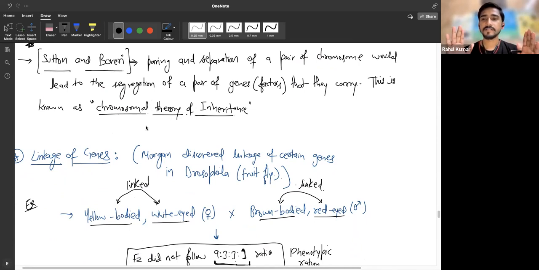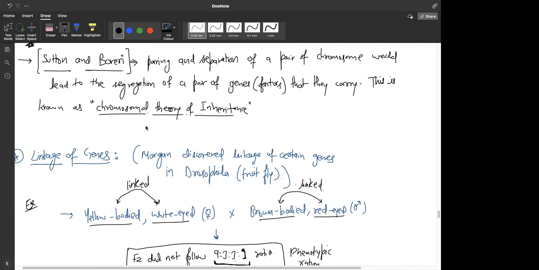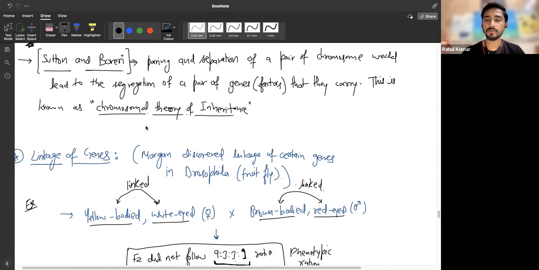When they pair or separate, they are actually doing it with the chromosome. So pairing and separation of a pair of chromosomes leads to segregation of a pair of genes that they carry. When you pair chromosomes, you are pairing genes. When you are separating chromosomes, you are segregating genes. So this is known as the chromosomal theory of inheritance, simply. In other words, it is an advanced version of Mendel's law.